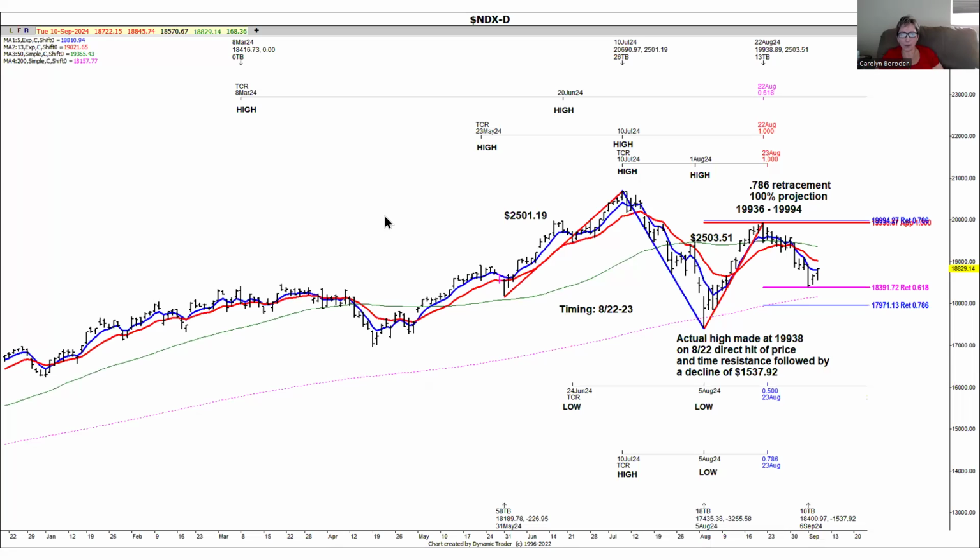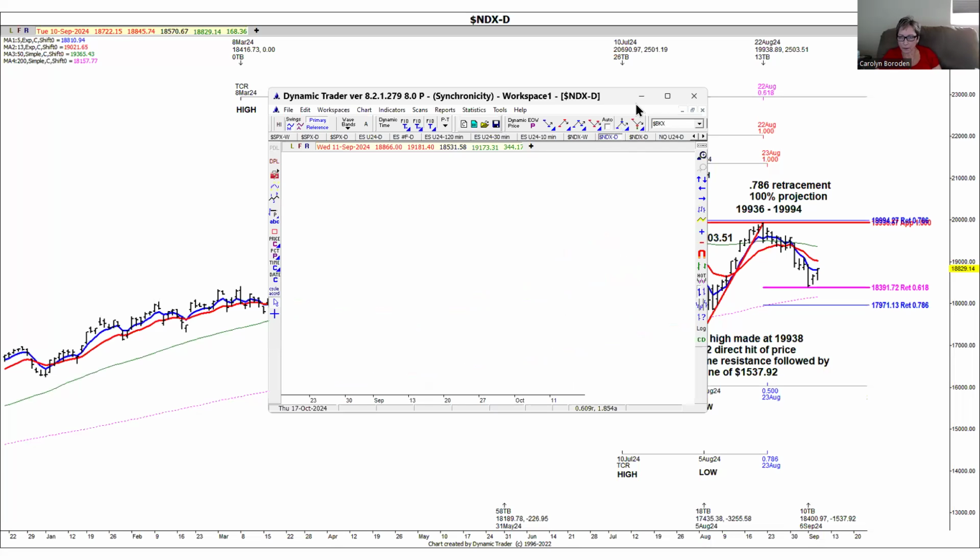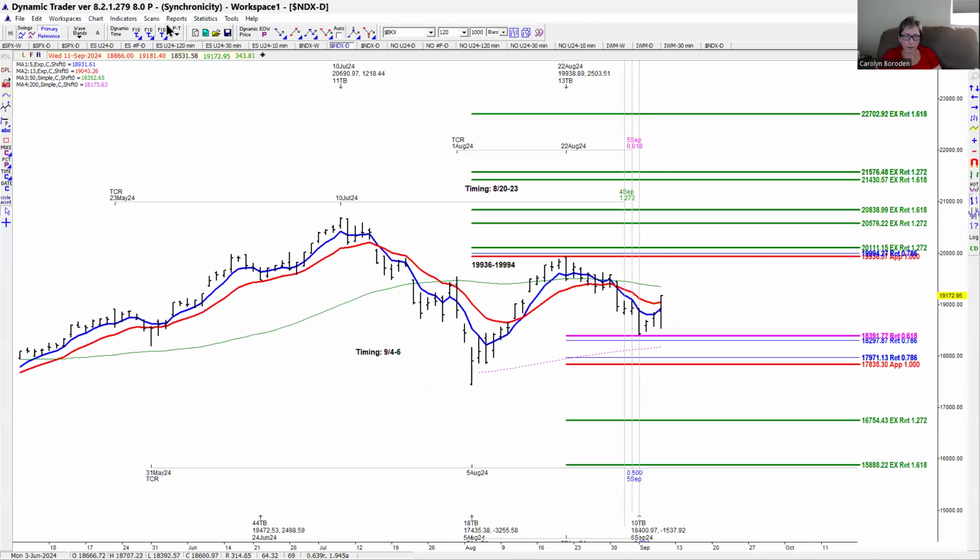Okay, the tool. On the dynamic trader, if you're doing the histogram, under the reports it's called the dynamic time projection. For example, I think this was the one I had before, to project the last low.